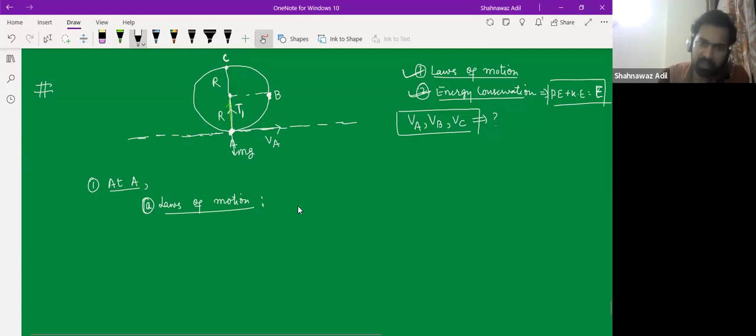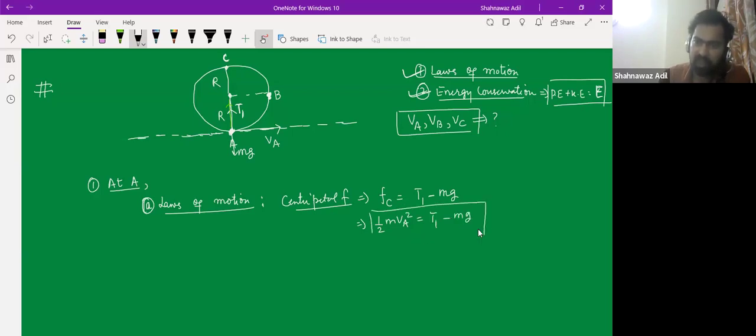How much would be the centripetal force? FC is equal to T1 minus mg, which is mva square over r. So this is the thing.